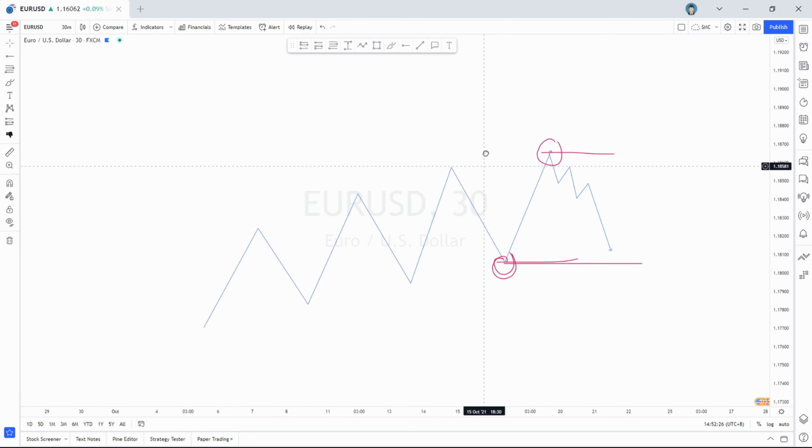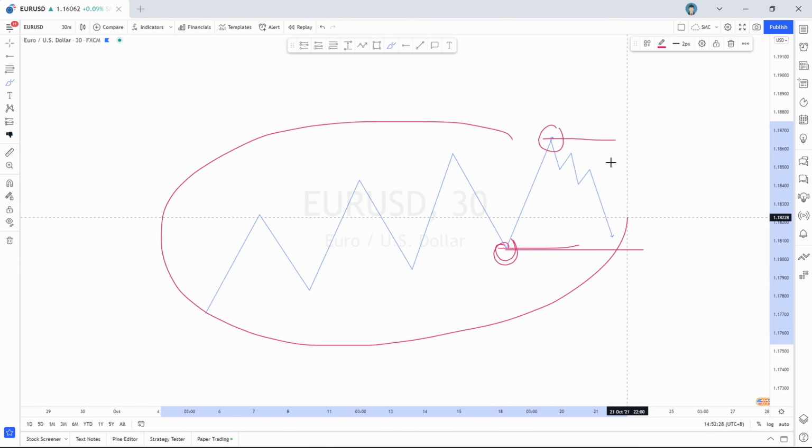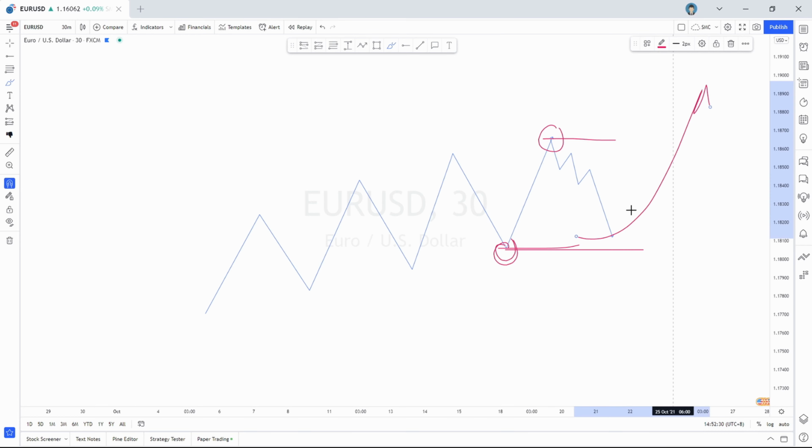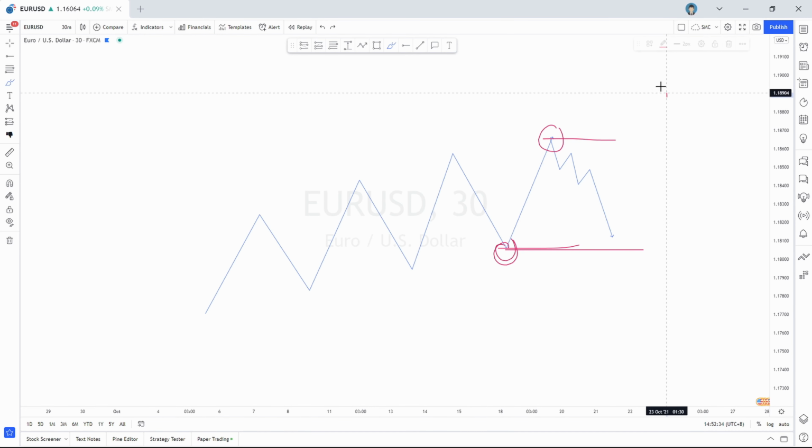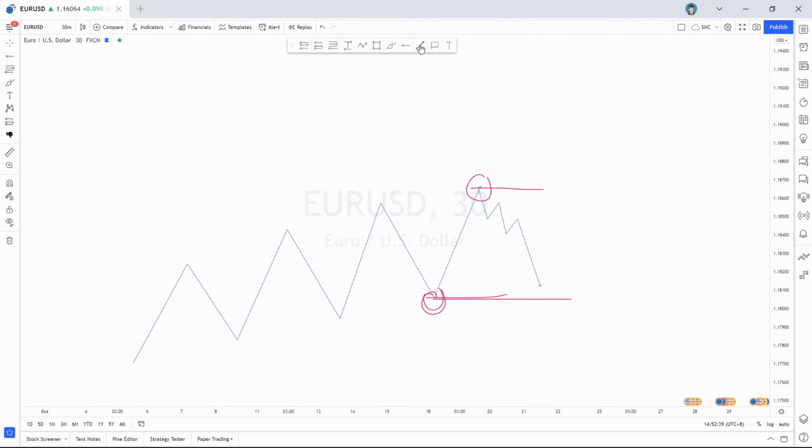But since overall we're in an uptrend, we should focus on price continuing to the upside, creating another higher high, higher low, higher high and higher low. So we can mark this up as a protected zone and the target zone.